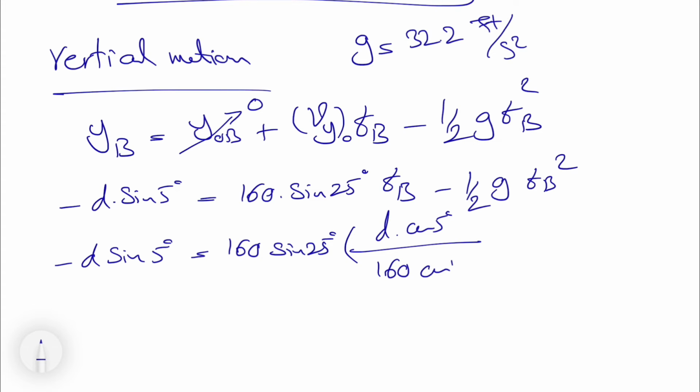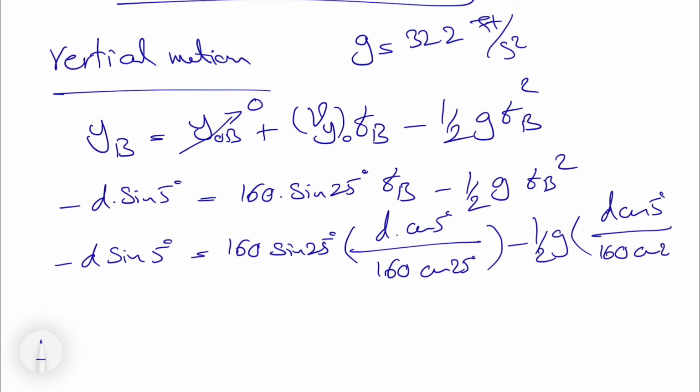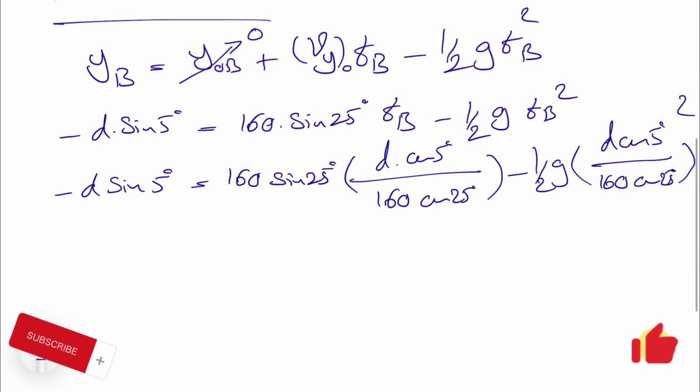We'll have sine of 5 degrees, we'll have 160 sine of 25 degrees, and I'm just gonna put what we found for tb, which was d cosine of 5 degrees divided by 160 cosine of 25, and the same for the other one.